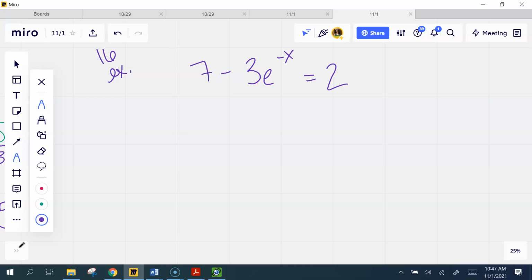Yes. That's going to be the only way you're going to be able to do it because you're not going to be able to get a base of E on the other side.